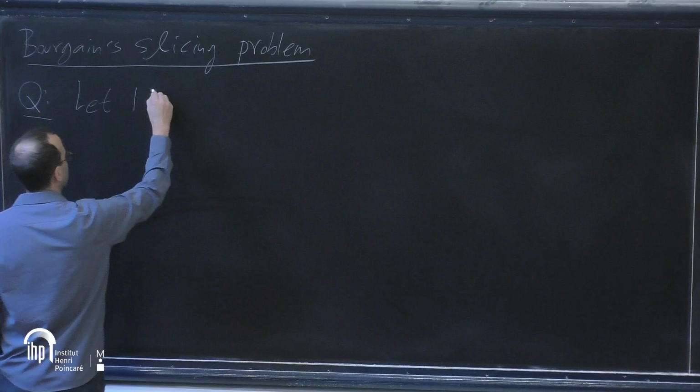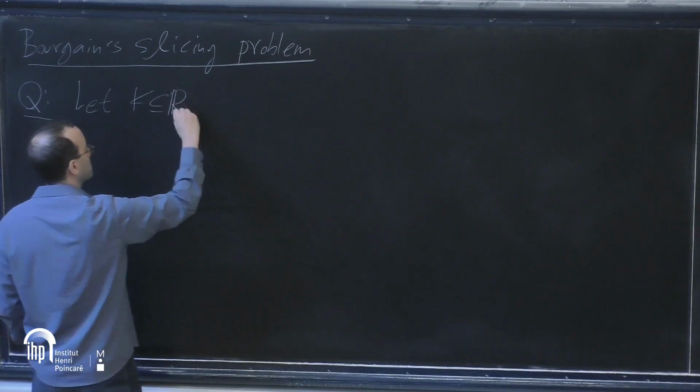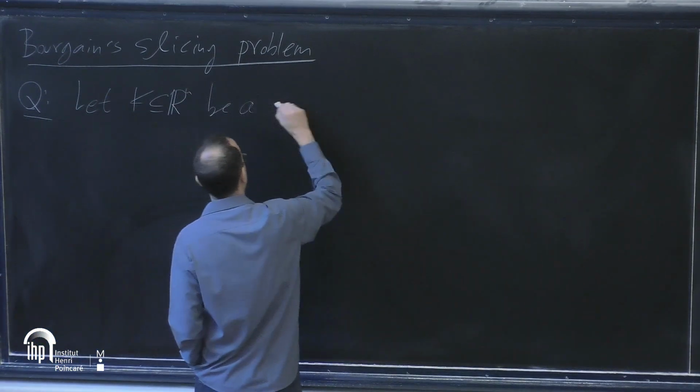So let K in R^n be a convex body of volume 1.